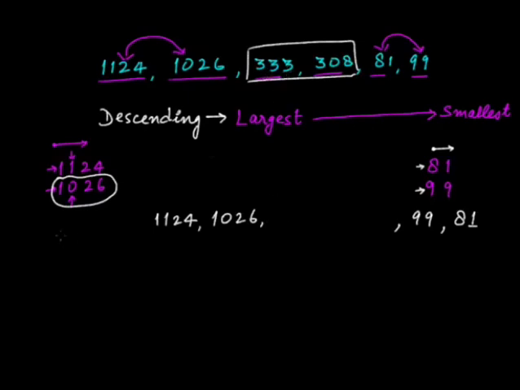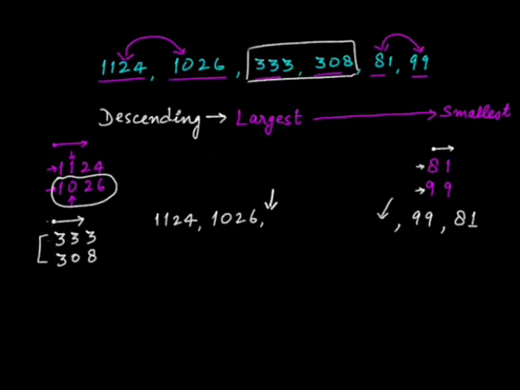333 and 308. From extreme left towards extreme right. If we write from here, then we'll find out the smallest one in between these two. If we begin from here, we'll find out the largest one in between these two. So I want to write from here.